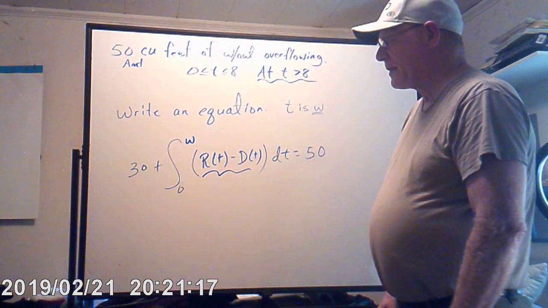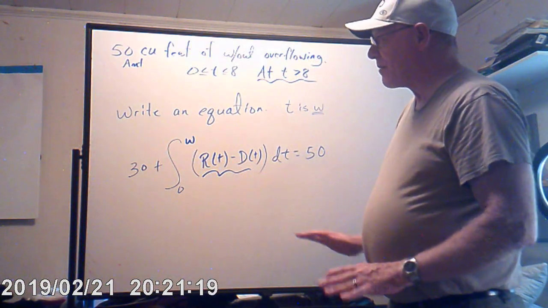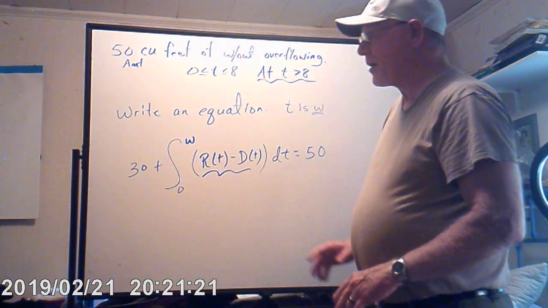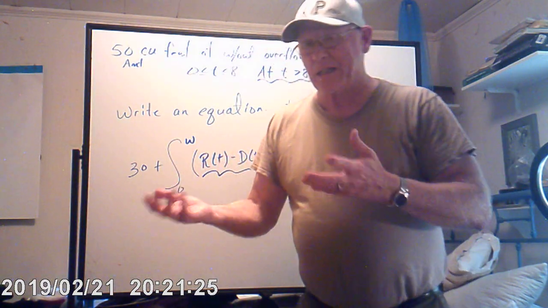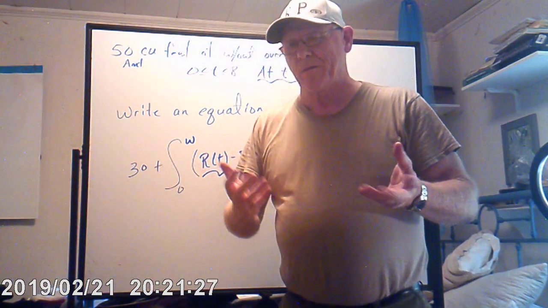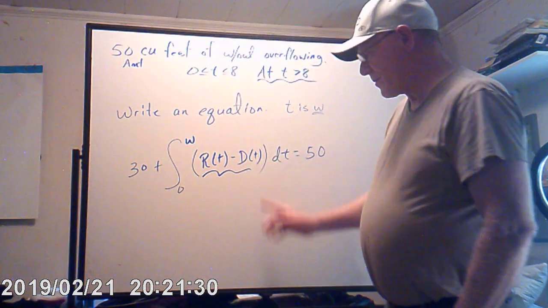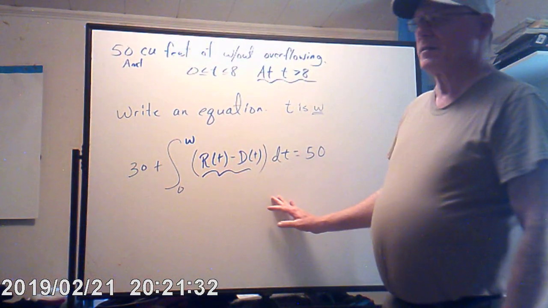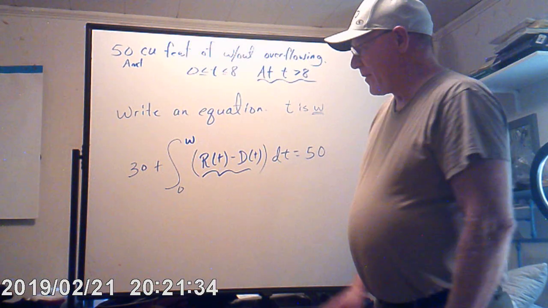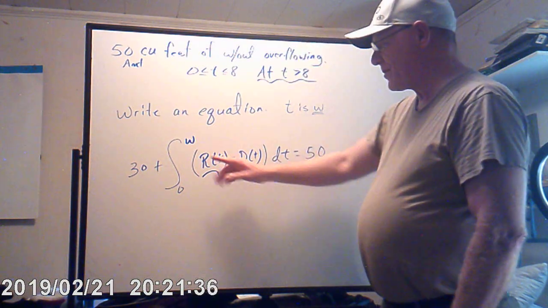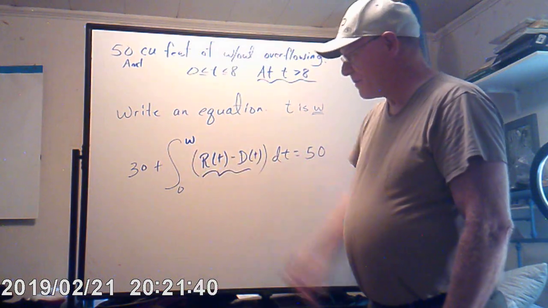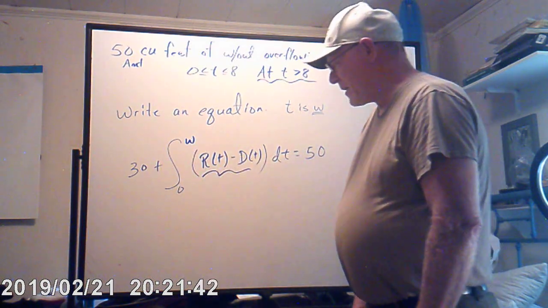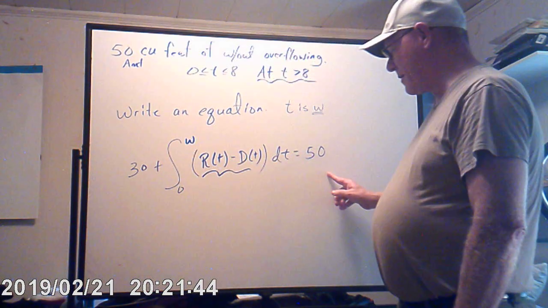So make sure you understand that on any of those types of problems where you have an amount and they're asking for a maximum or a minimum. When is this a minimum? When is this a maximum? You're going to set that table up like we did before. And then on this one here, just understand you're going from t equals 0 to sometime after that. So it's equal to 50.